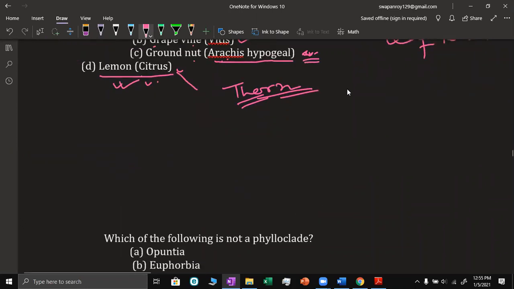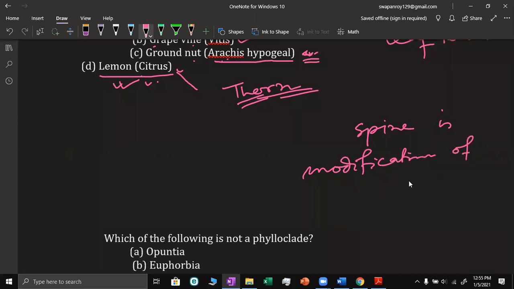Thorn is a modification of a stem, and a spine is a modification of leaf.